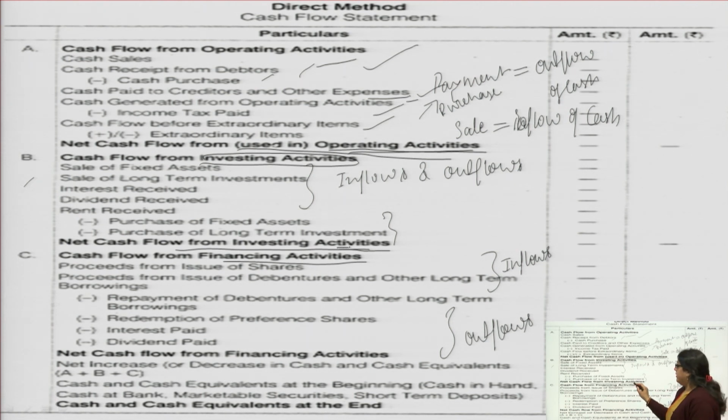Okay. So, next, net cash flow from the investing activities means investment is being done in fixed assets, maybe long term assets. That will be here only. And in the financing activities, maybe you are issuing shares, debentures and preference shares, and maybe you are doing the redemption part.